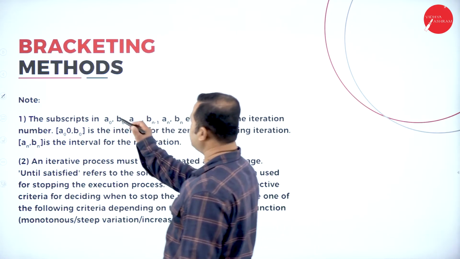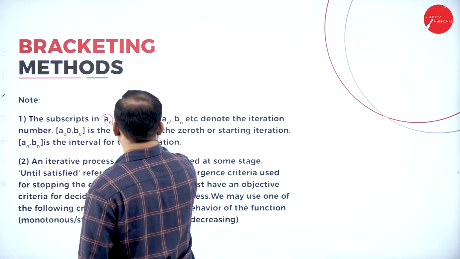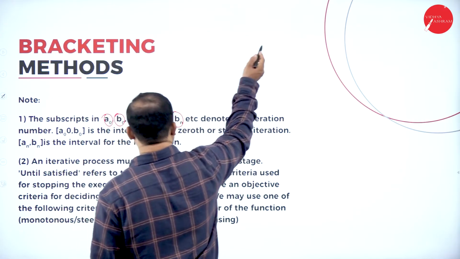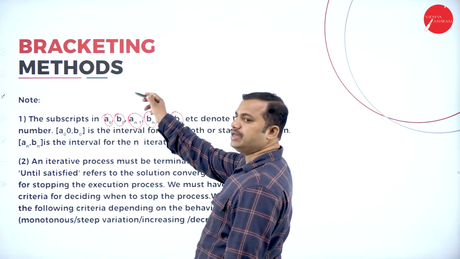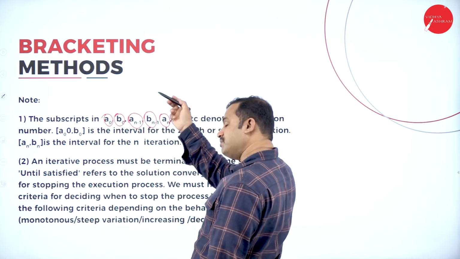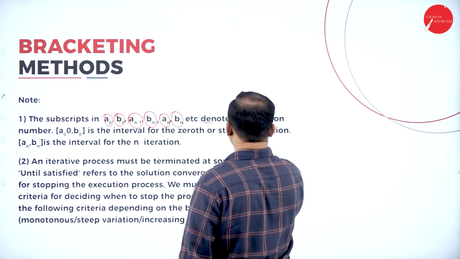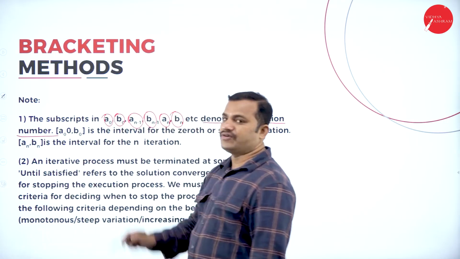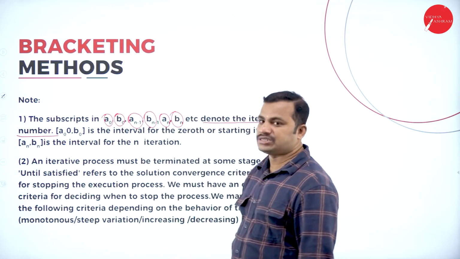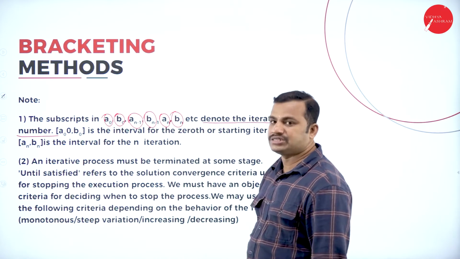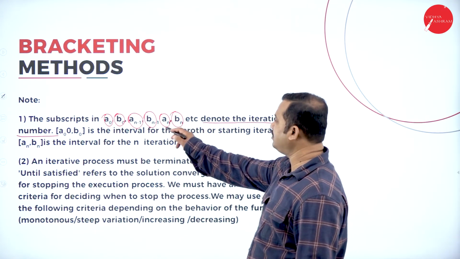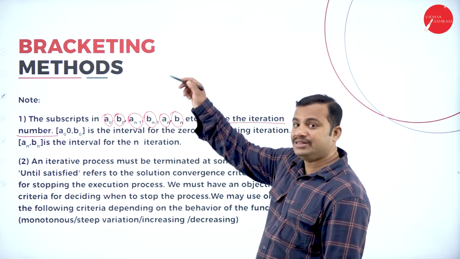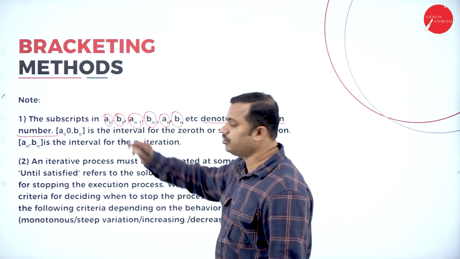Now the subscripts a0, b0, an minus 1, bn minus 1, an, bn, or maybe an minus 2, bn minus 2, an minus 3, bn minus 3, or anything, denote the iteration number. A0 indicates the first iteration, A1 indicates the second iteration, A2 indicates the third iteration, then AN-1 indicates the n-1th iteration, because I am starting from 0 here.